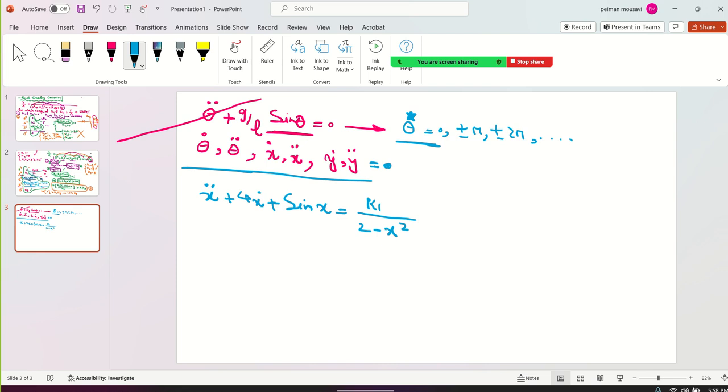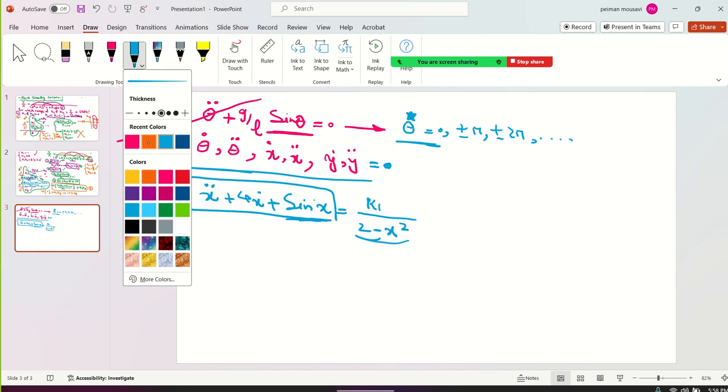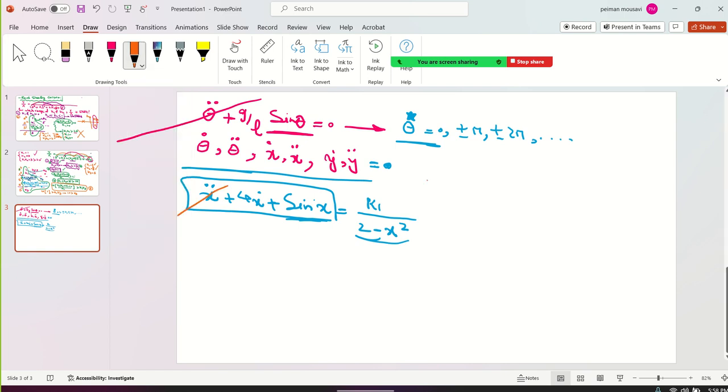And your midterm is a part of a real US Navy problem. Okay? So first, this is a completely nonlinear system, sine of x. This differential equation is completely nonlinear because of sine of x. So to find the equilibrium points to linearize it, you have to say bye-bye to this and bye-bye to this.